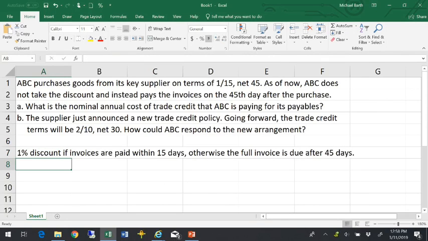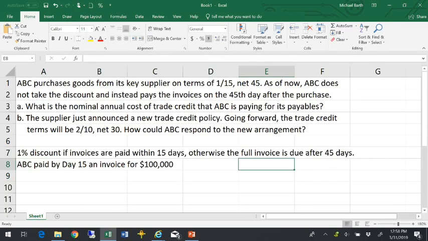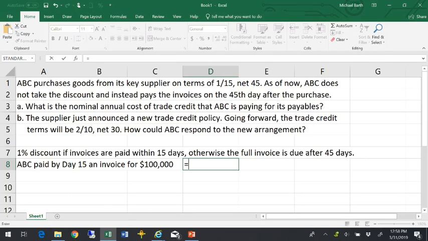So that would mean that if ABC paid by day 15 an invoice for, say, $100,000, the actual cost they would pay would be $99,000.